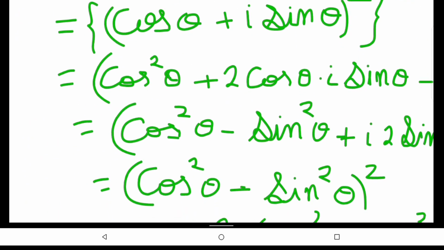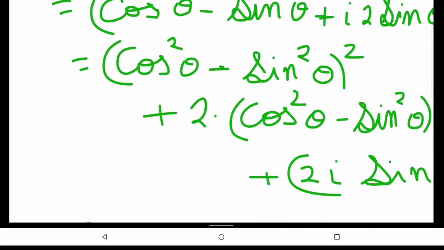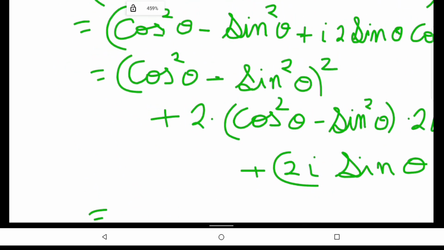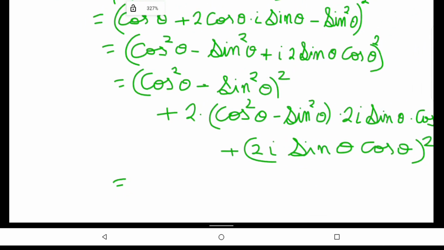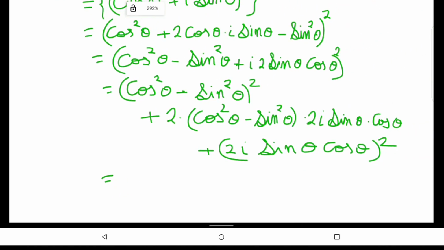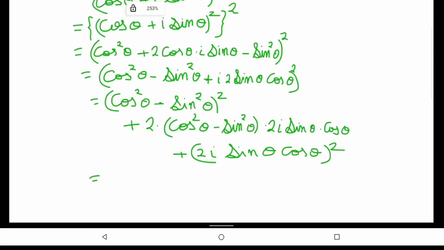Before writing that, we can compare the real part and imaginary part. We should simplify and compare it.